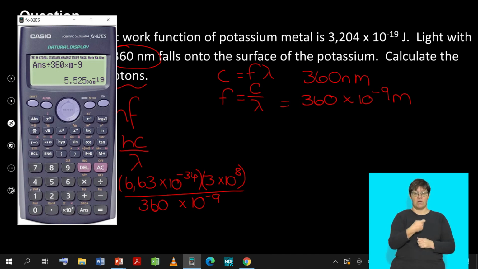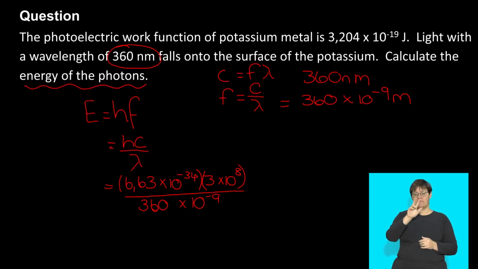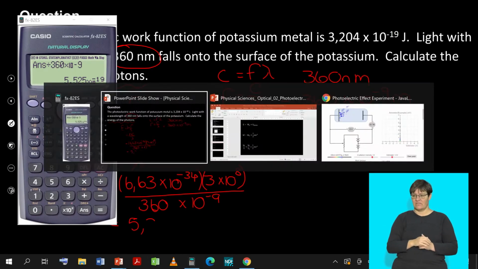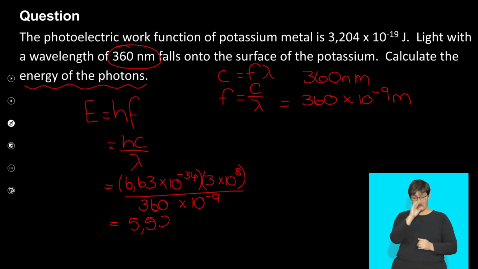And I get 5,25. Because they gave me the work function to 3 decimal places, I'm going to keep that as 3 decimal places, okay? Just to be consistent. So this is 5,25. Oh, no. 5,525. There we go. It's always important to read all the numbers.